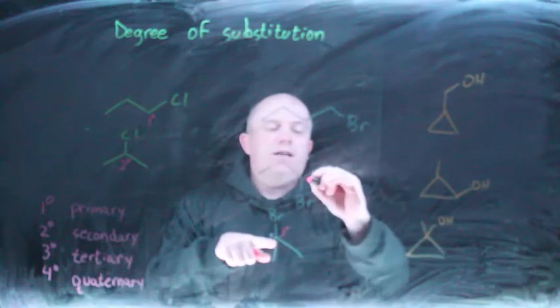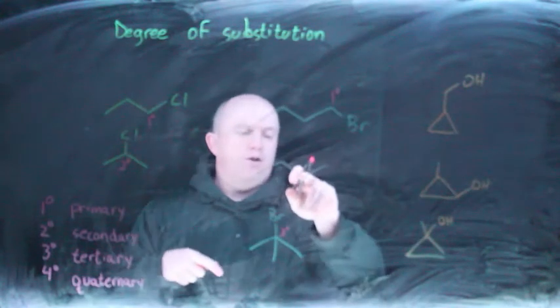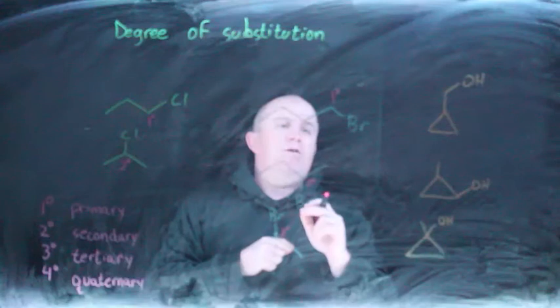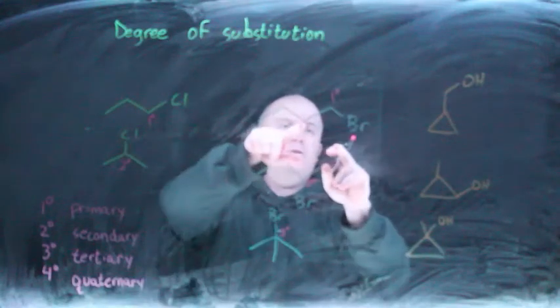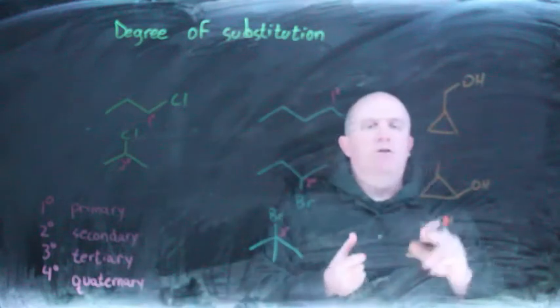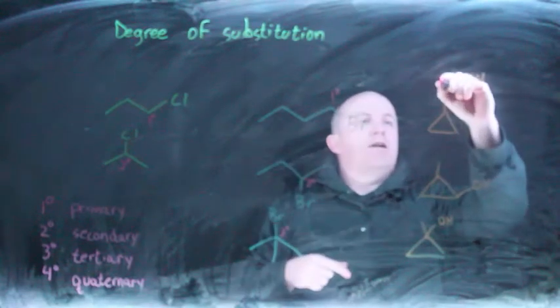This is a secondary bromide. This is a primary bromide. And again, it's because the carbon that the bromine is bound to has two other carbons. The carbon that the bromine is bound to has one other carbon, so that's a primary. Primary, secondary, tertiary. Looking at alcohols, you do it exactly the same way. This alcohol is bound to a carbon that's bound to one other carbon, so this is a primary alcohol.